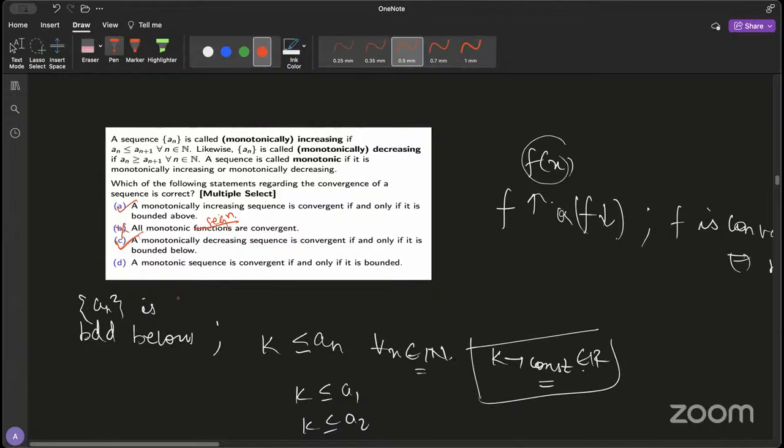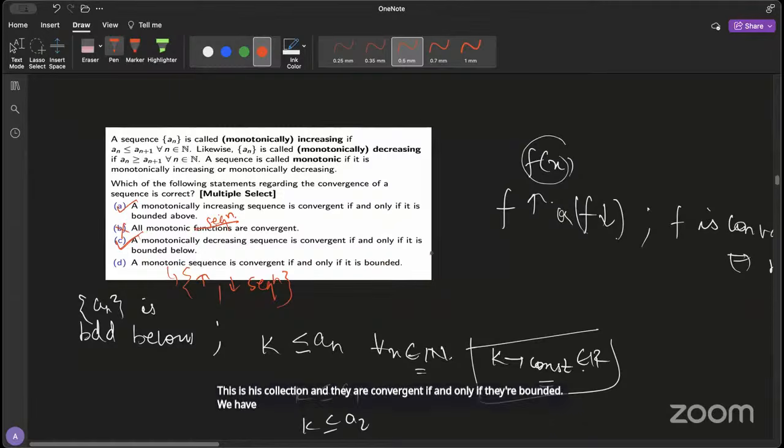Then the last one is: a monotonic sequence is convergent if and only if it is bounded. A monotonic sequence is a sequence that is decreasing or a sequence that is increasing. Those kinds of sequences are called monotonic sequences. That means this is the collection of increasing sequences or decreasing sequences, and they are convergent if and only if they're bounded.